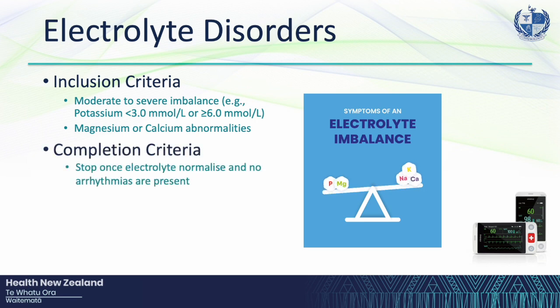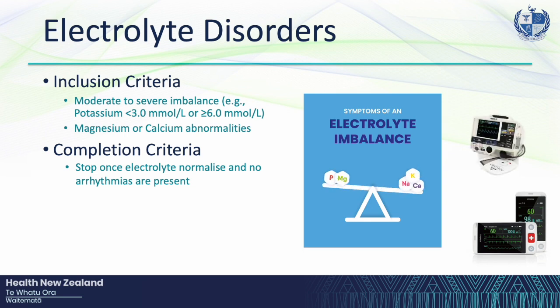Monitoring can be discontinued once electrolyte levels return to normal and no irregular heartbeats are observed. Due to the high risk of irregular heartbeats with severe electrolyte disturbances, it is mandatory to have AED support during patient transfers.